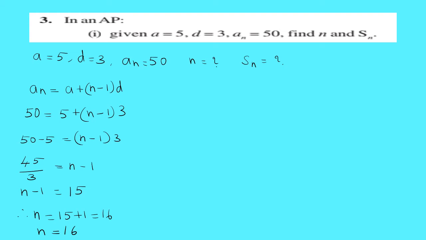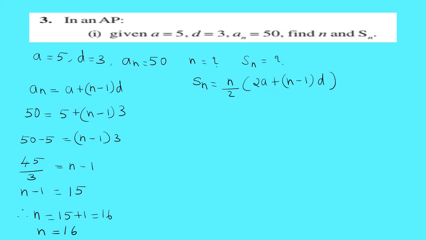Now you have to find Sn. So here the last term is not given, so you can use the formula Sn equal to n upon 2 multiplied by 2a plus n minus 1 into d.